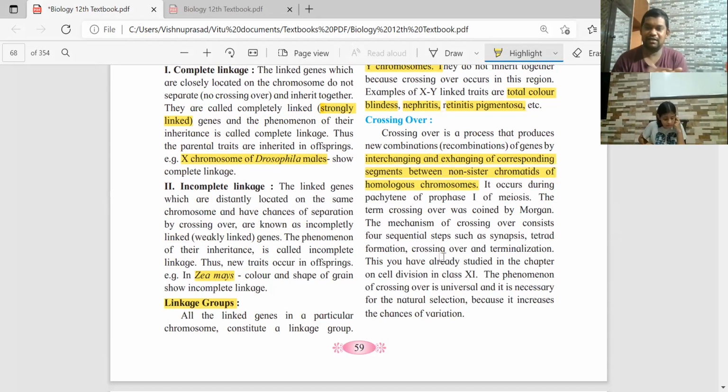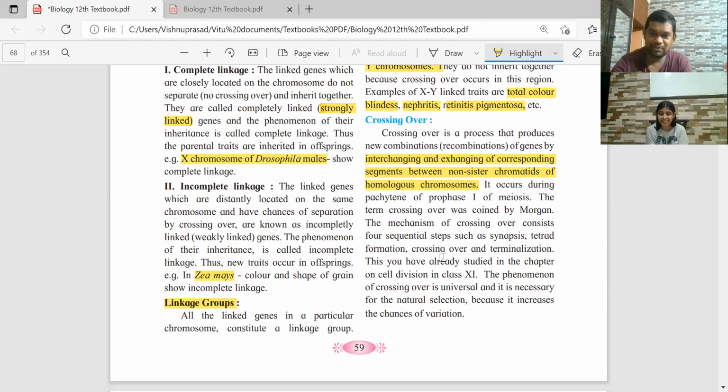Shuffling of the genes. Between non-sister chromatids, not sister chromatids. That is called crossover, and that is the reason responsible for variations leading to evolution.